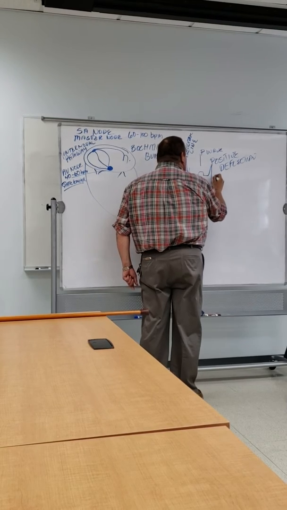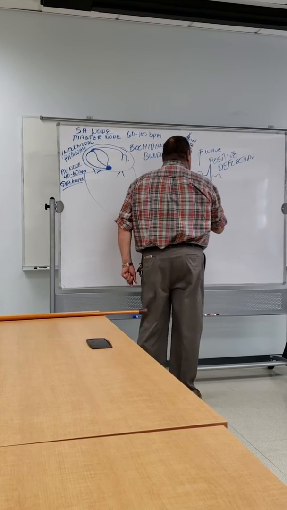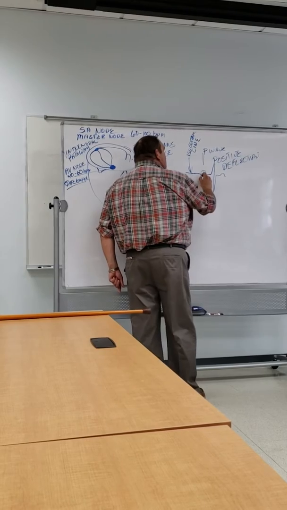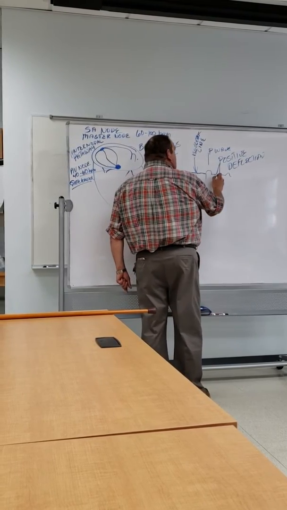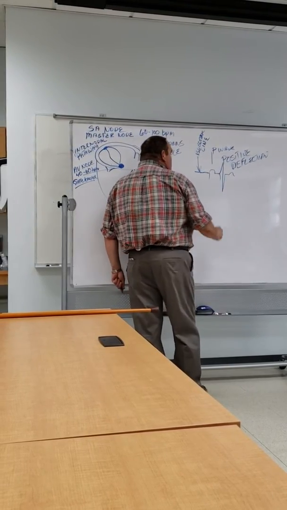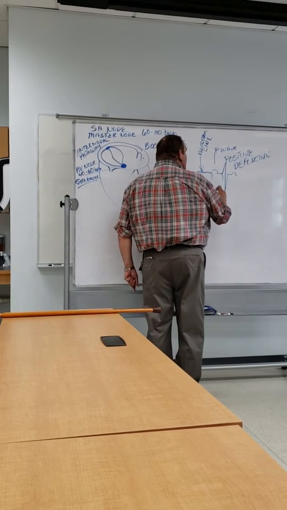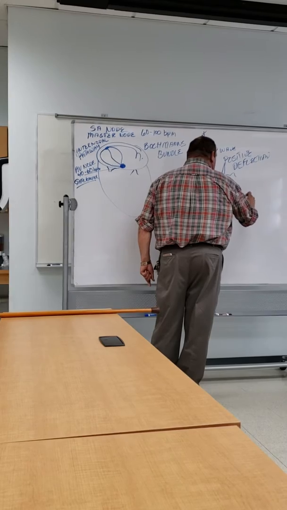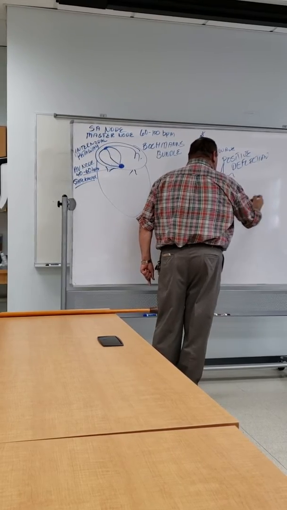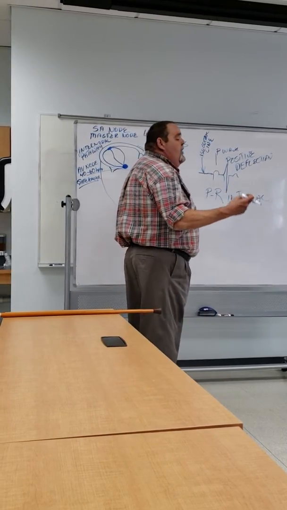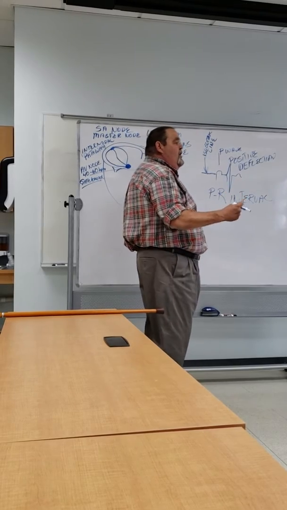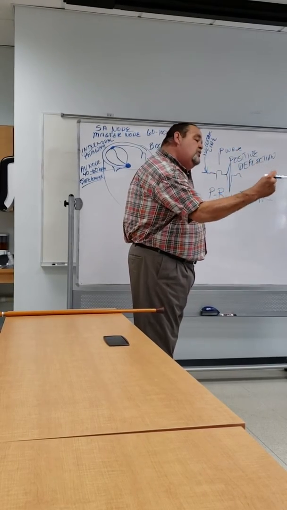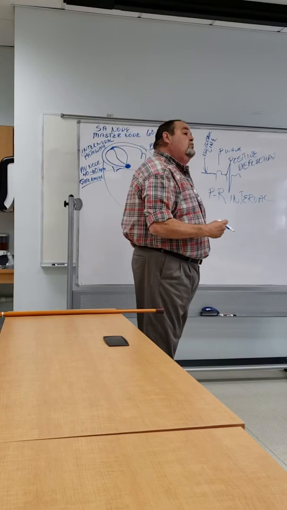There's your QRS. Now, the distance from the beginning of the P wave to where your QRS starts is called the PR interval, which is the amount of time the AV node holds that impulse.